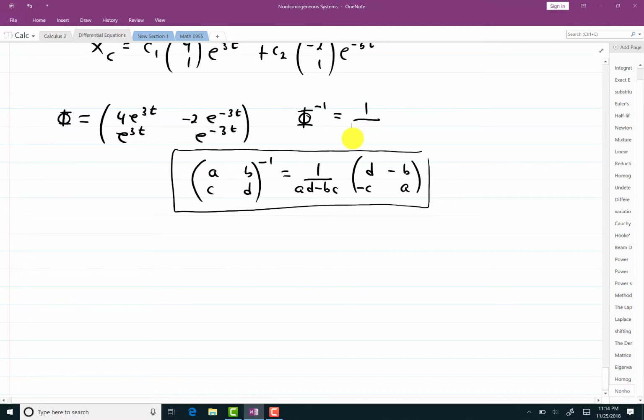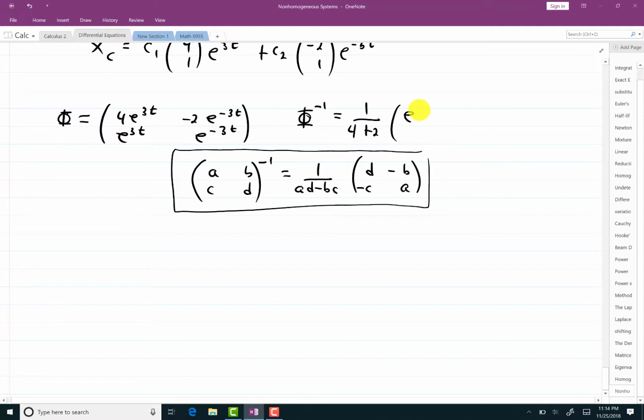First thing I'm going to do is do the determinant. So I'll multiply down here 4e to the 3t times e to the negative 3t is very nice because the e's cancel out and I'll just get 4. Now you've got to go plus this way. Once again, the e to the negative 3's cancel. I'll get plus 2. And then I'll go ahead and do like I did before.